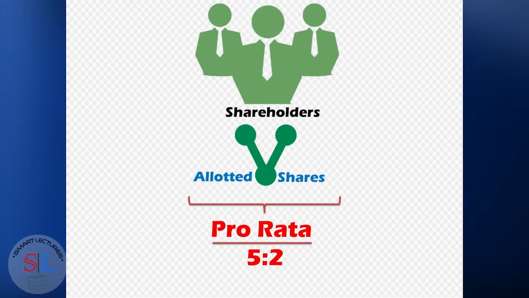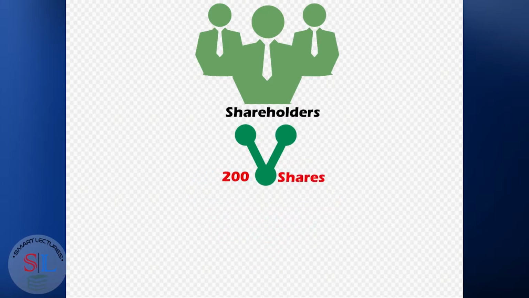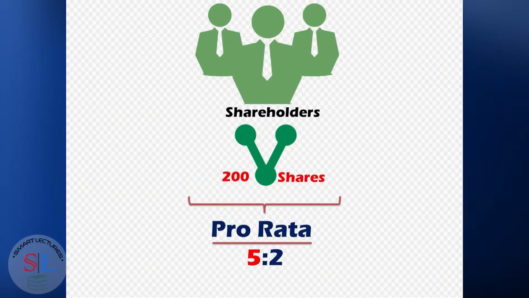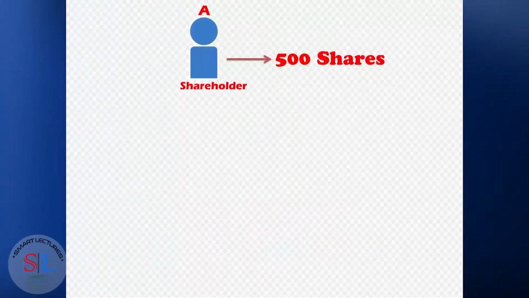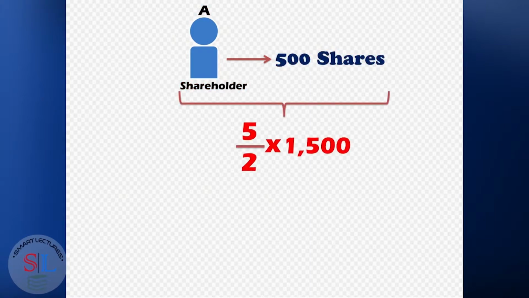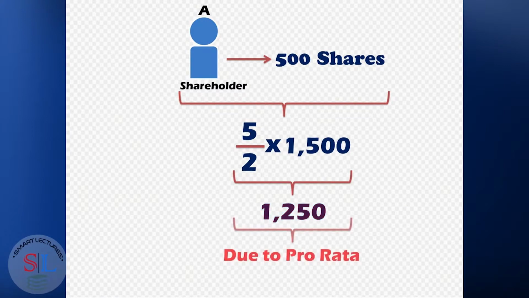It means whosoever is holding 2 shares now must have applied for 5 shares. If this person has 500 shares now, he must have applied for 5 upon 2 into 500, that is 1250 shares, but due to pro rata he was allotted only 500 shares.